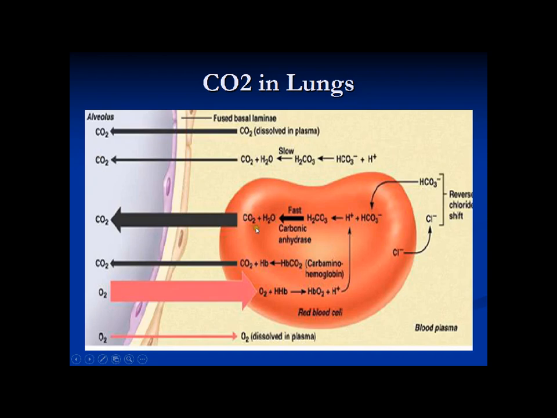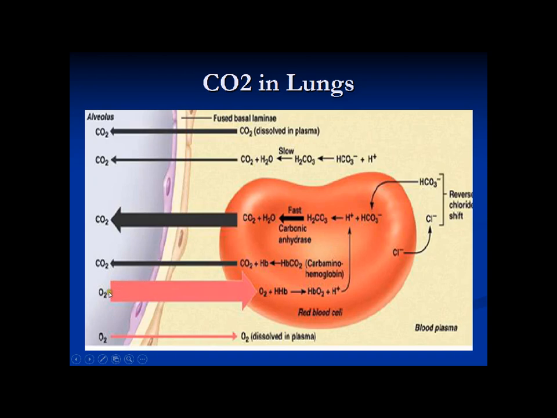All these reactions in the RBCs are reversed. Chloride leaves and bicarbonate enters. It is titrated, or reacted, with the hydrogen ion to form carbonic acid. Carbonic acid dissociates into water and carbon dioxide, and then the carbon dioxide enters the blood.